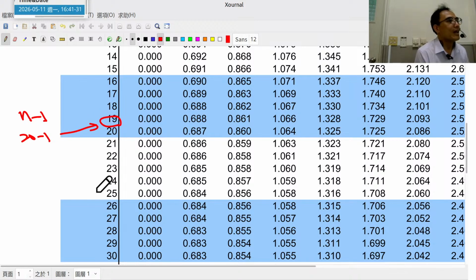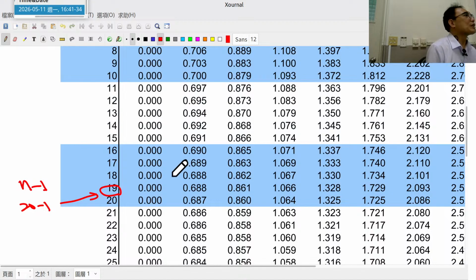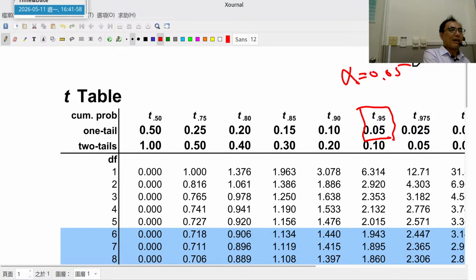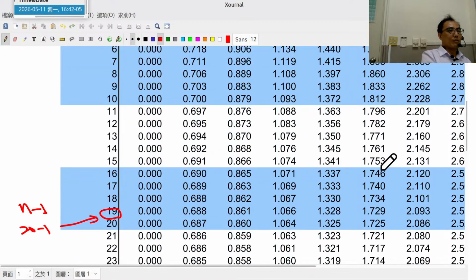Is it okay? And next, we don't need to check the level. We just want to know one thing: the probability if we set 0.05 like this one, our level.